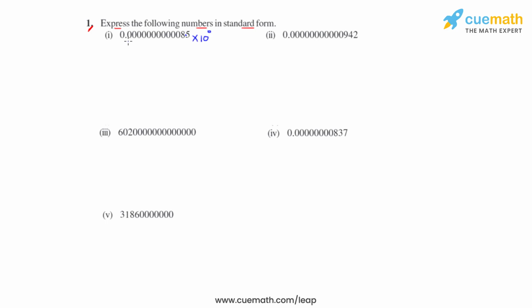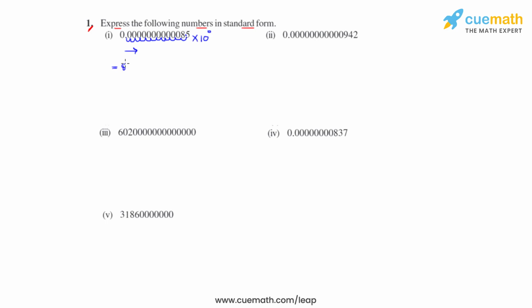So now let's see by how many places we have to move this decimal point towards right. 1, 2, 3, 4, 5, 6, 7, 8, 9, 10, 11 and 12. So it is to be moved towards the right direction by 12 places.